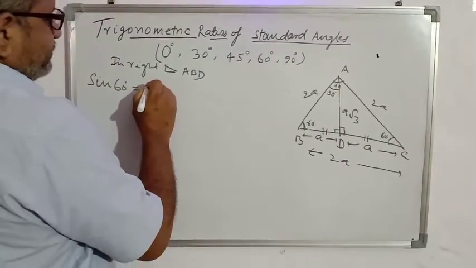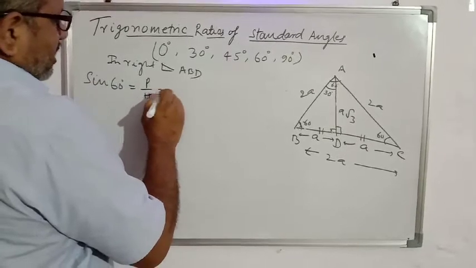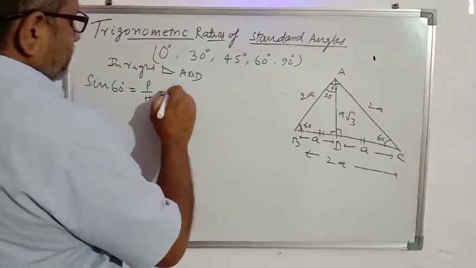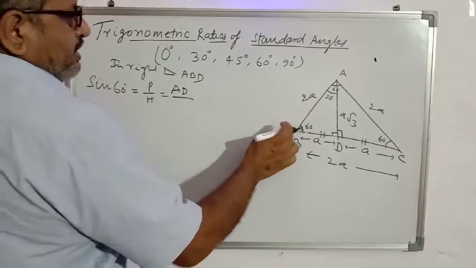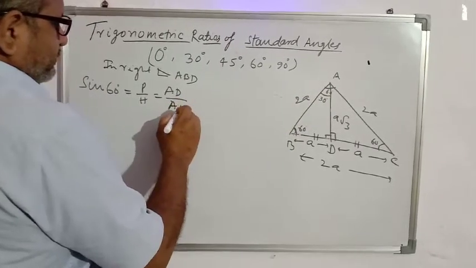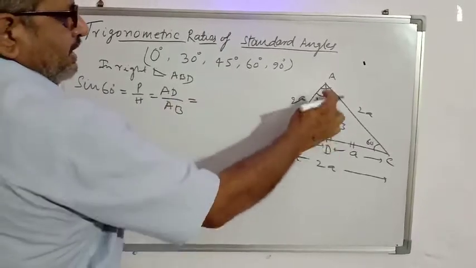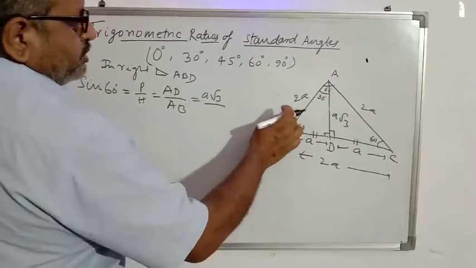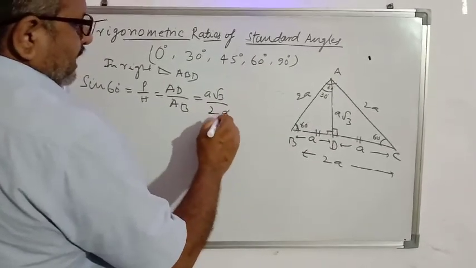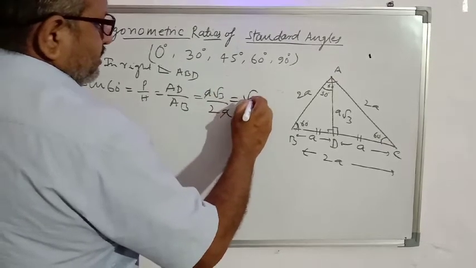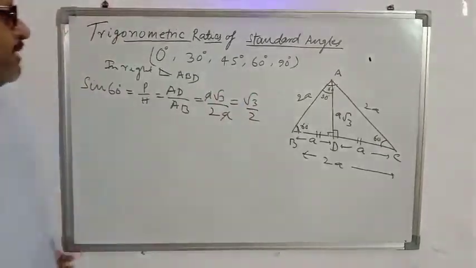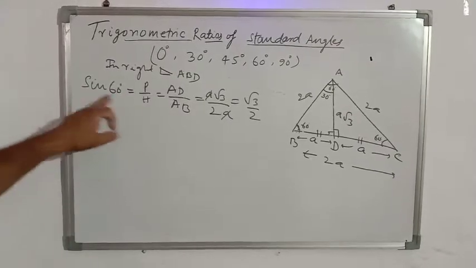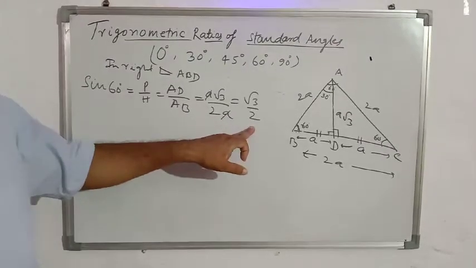Perpendicular by hypotenuse. Perpendicular means AD and hypotenuse is AB. Perpendicular AD value is A root 3, hypotenuse is 2A, A cancels with A, so its value is root 3 by 2. So the value of sine 60 degree is root 3 by 2.